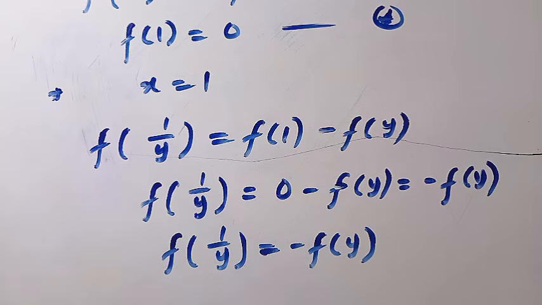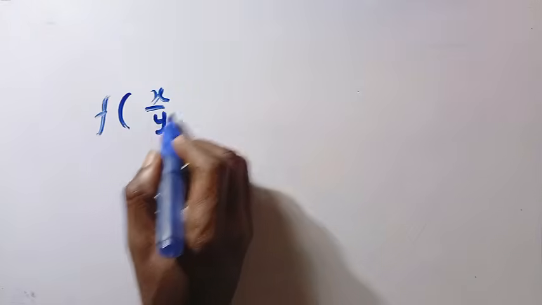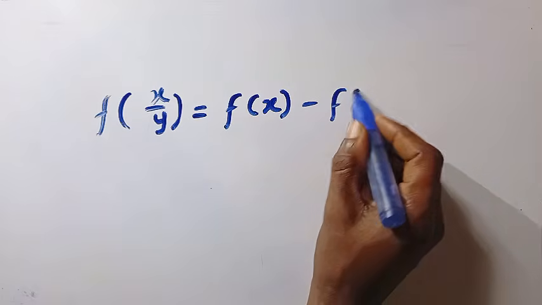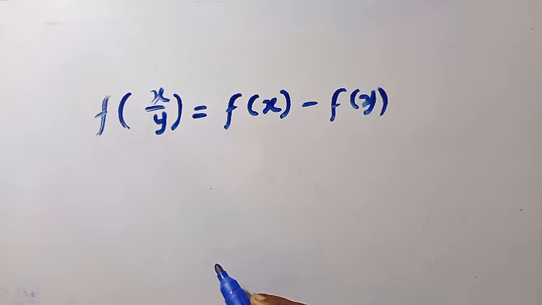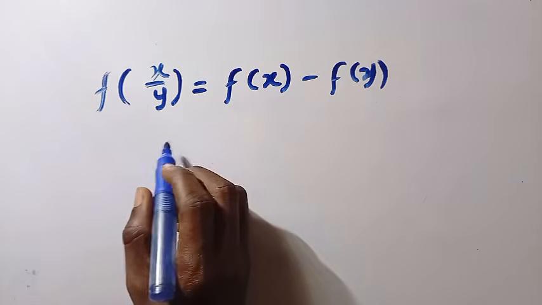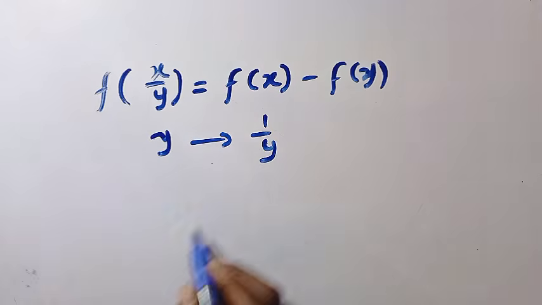So the next step is to convert f of x over y equals f of x minus f of y into multiplication. What we'll do is replace y with 1 over y.